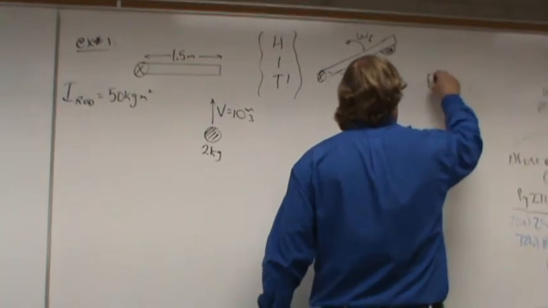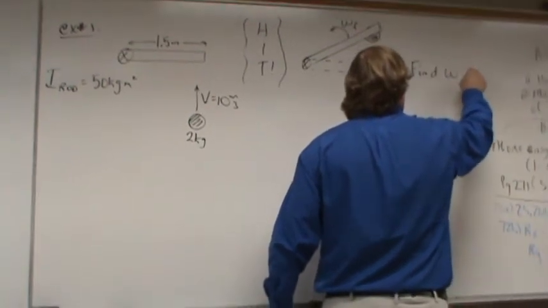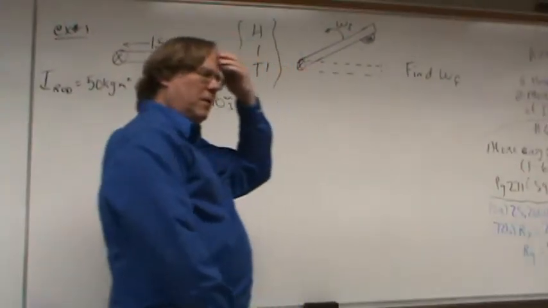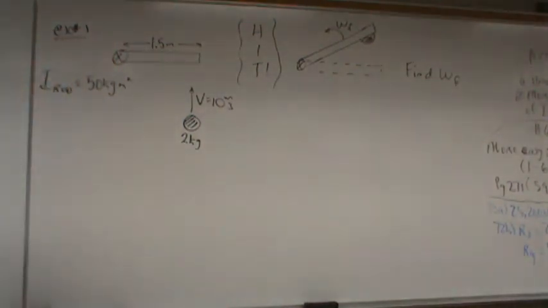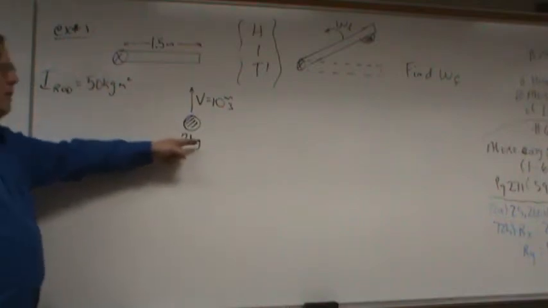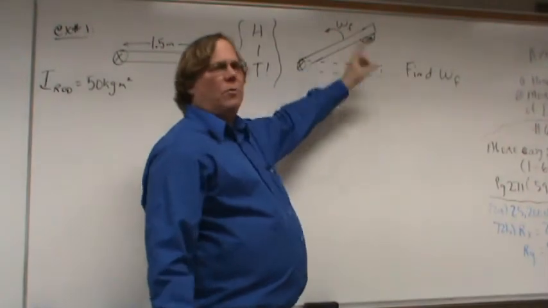And the question is, find the final omega. Find the final angular velocity of the system after the collision. Well, here's the problem. I don't get to do conservation of linear momentum. I've got linear momentum here, but after the collision, these things aren't moving in a line.